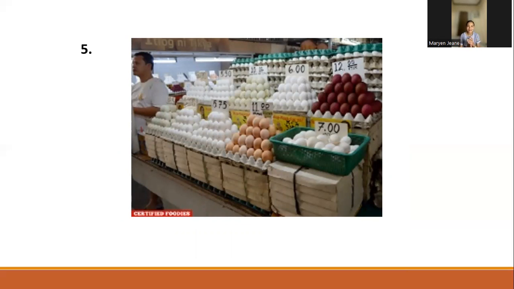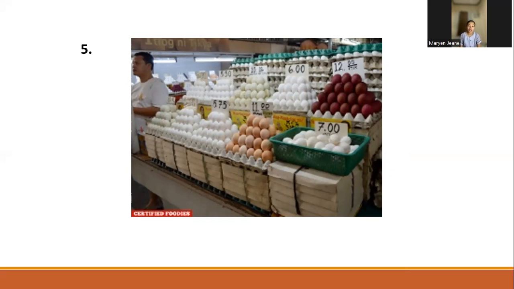Okay, in this picture, we have a man selling. Yes, you're right. He is selling eggs. He has maalat na itlog, that egg which is in purple or red violet color, and he also has the one in brown, which I think is native eggs, no?